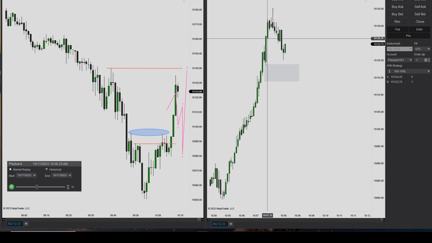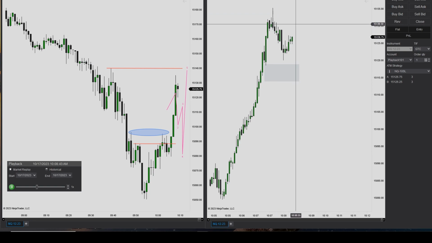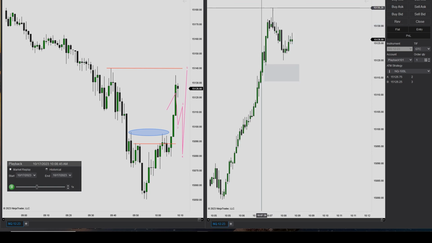So let me try to take a short here. I want it to get a little bit higher. This isn't my favorite kind of play though, the counter trend. Because sometimes when I take the counter trend, it's just like, oh, short here, boop, straight up to my stop loss.